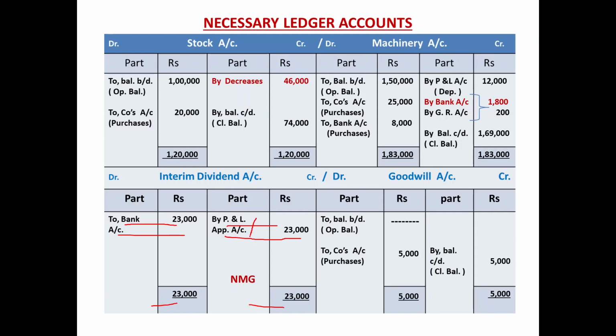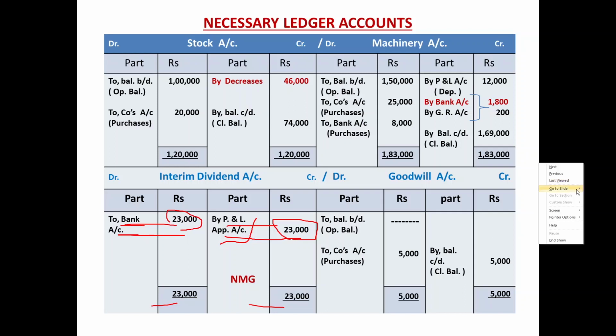Cash flow impact. Title came profit and loss on the credit side. It's a non-cash item, it's a non-operating item, and that is why it will be and should be added back in the net profit of the current year under the first title. While on the debit side, title came bank, indicates payment, cash outflow under title C, financing activities, minus 23,000. Let us do it.